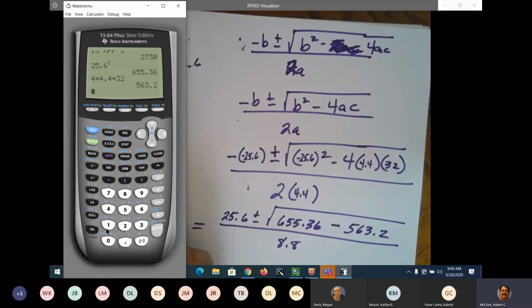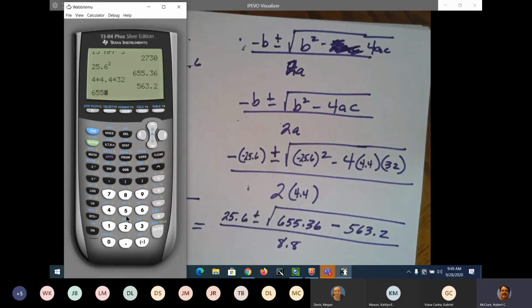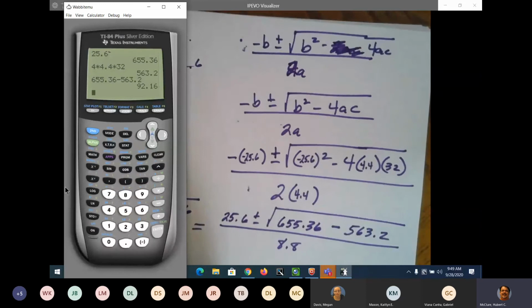25.6 plus or minus the square root of 655.36 minus 563.2, which is 92.16, over 8.8.